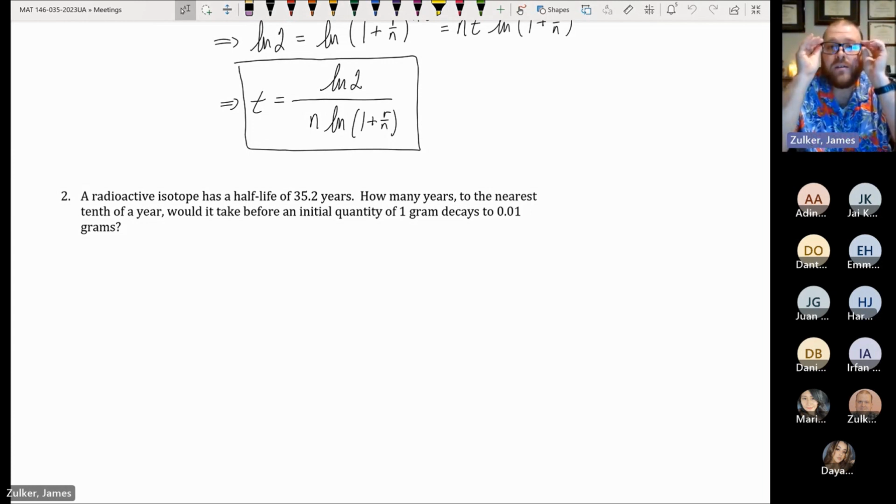What we would find is that some of them, after 35.2 years, would have less than half a gram. Some of them would probably have more than half a gram.